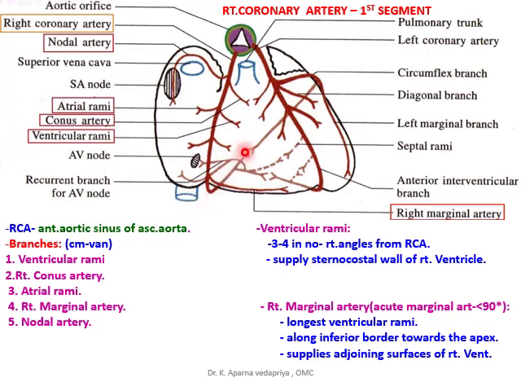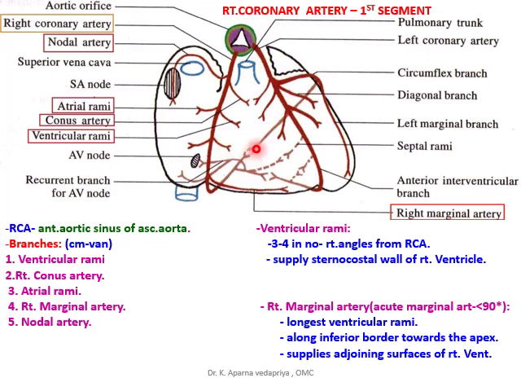And it anastomoses with the circumflex artery, which is the branch of the left coronary artery, a little to the left of the crux of the heart.